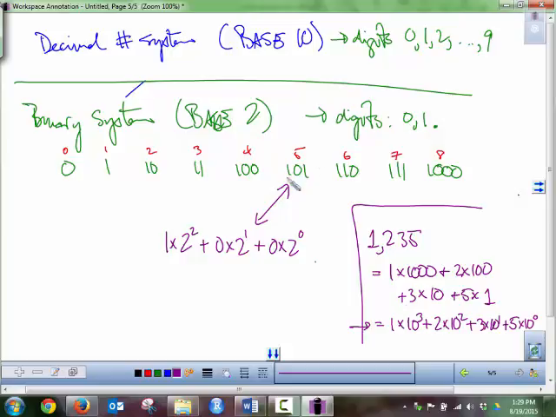So if we take a look at the digits being a factor of 2 to some power, like this, and then add it up like we did in the expanded form here, 2 squared is 4, plus 0, plus 2 to the 0 power. Oh, this should be a 1. That last digit is a 1.